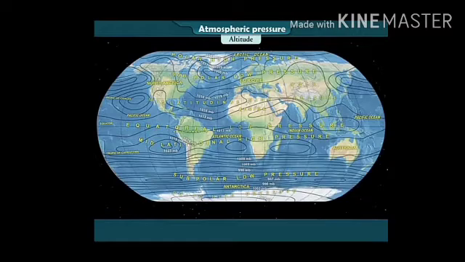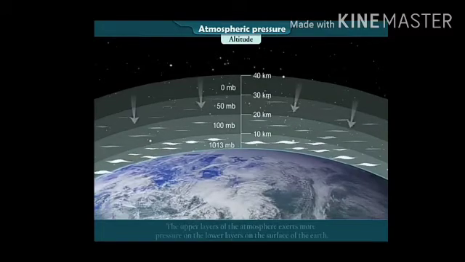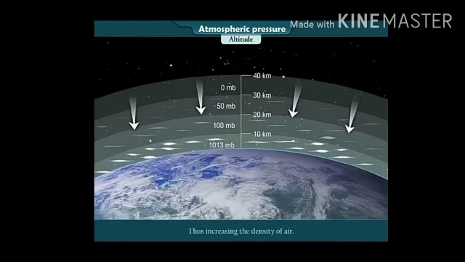2. Altitude. Air is compressible and it concentrates near the Earth's surface. The upper layer of the atmosphere exerts more pressure on the lower layers on the surface of the Earth, thus increasing the density of air.